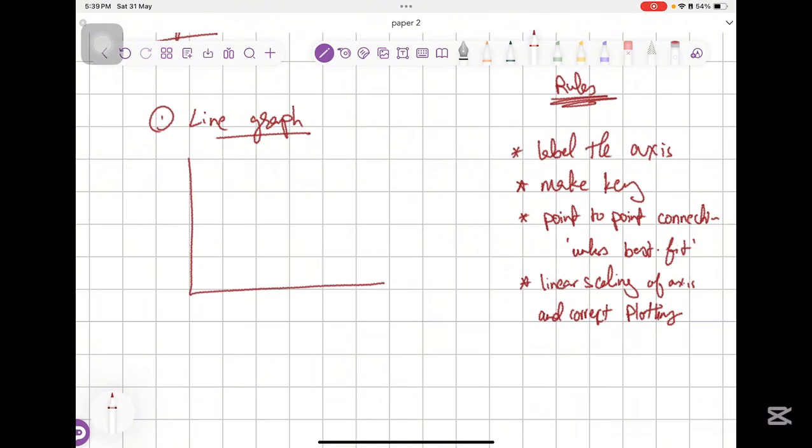This is your line, this is the x-axis, this is the y-axis. Remember it by dy: d is the dependent, and y is the axis. The x is the independent. Independent means the changeable factor.